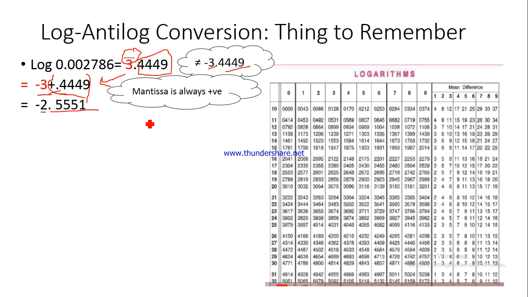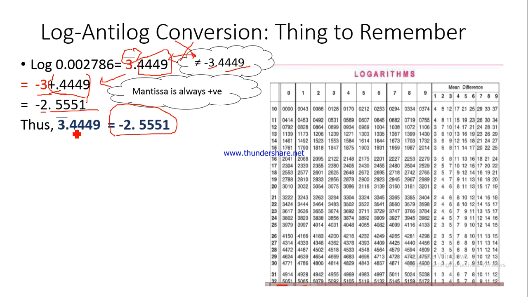Now, essentially what I'm saying is, see, 3 bar 0.4449 is not equal to minus 3.4449. This is something that we've understood. They are simply not equal, right? However, 3 bar 0.4449 is equal to minus 2.5551. Do you understand?